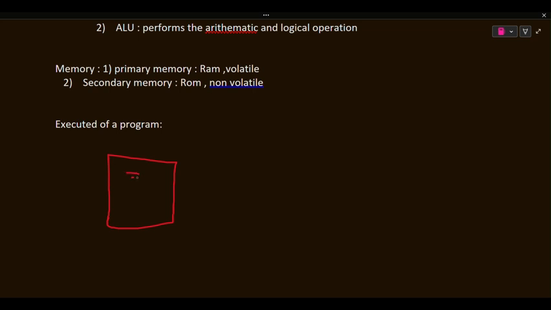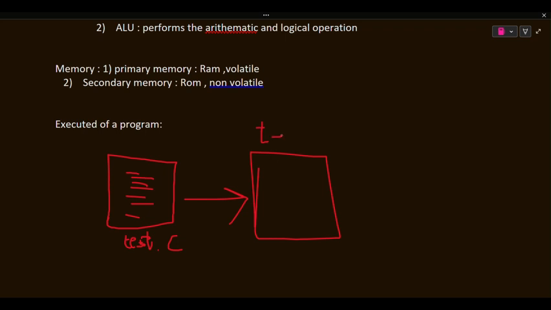Let's say this is the file, and he wrote some C program in this, and its name is test.c. Now, when the compiler compiles this program, it creates a new file with .exe extension. The compiler converts the C program code into machine understandable code.